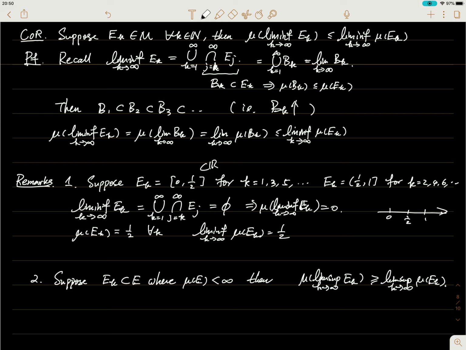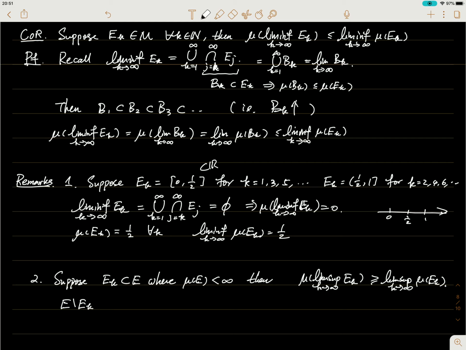Okay, and the reason is very easy. We can just show this by looking at the left-hand side. Say I can have the mu of E, and we can look at E minus Ek.